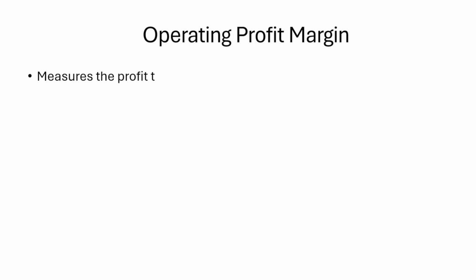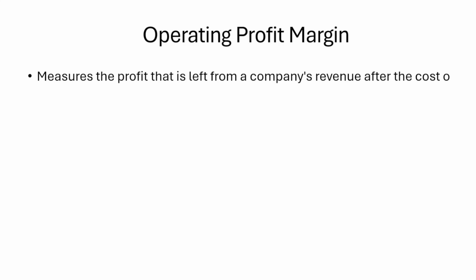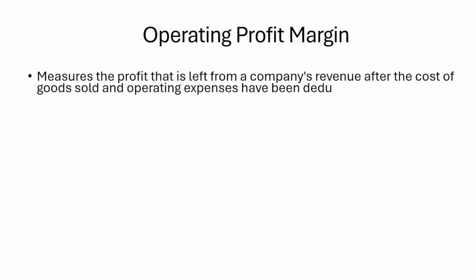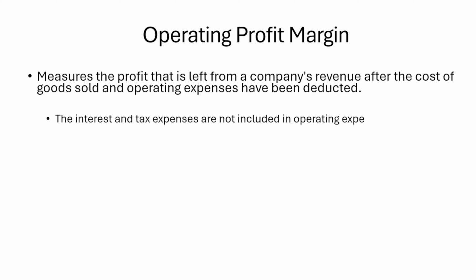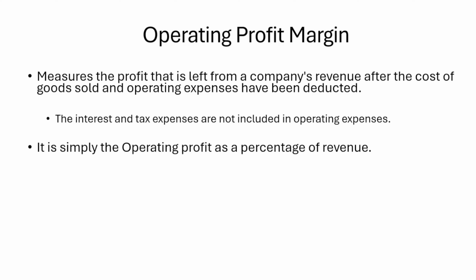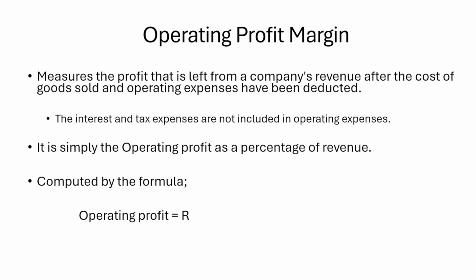Another ratio is operating profit margin. It's a measure of profit that is left from a company's revenue after the cost of goods sold and other operating expenses have been deducted. The interest and the tax expenses are excluded in the operating profit margin calculations. So it's simply the operating profit as a percentage of revenue.